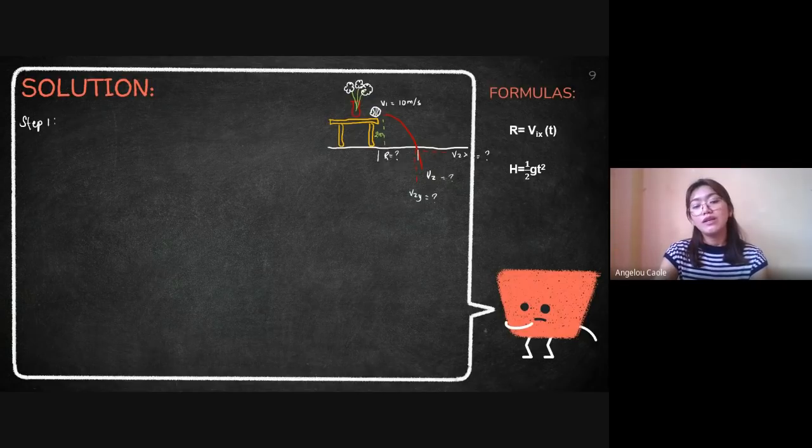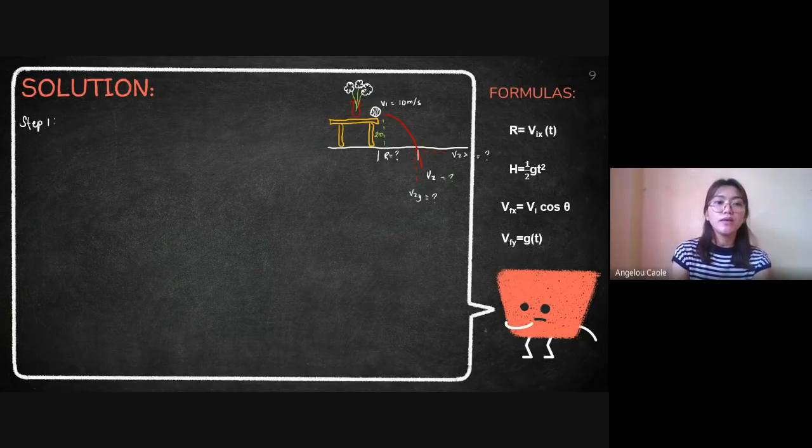Therefore, we first need to calculate the value of time using this formula: H is equal to 1/2 gt squared. And in getting the horizontal component of the final velocity, we have VI cosine theta. And in getting the vertical component of the final velocity, we have G times T.